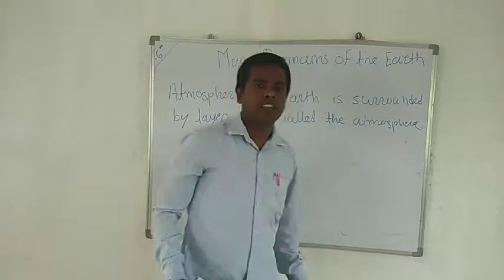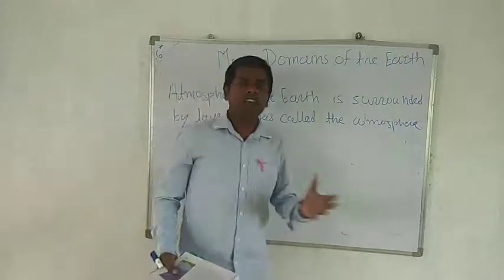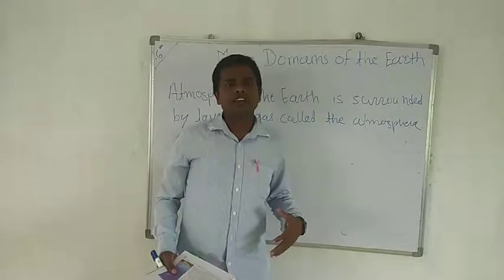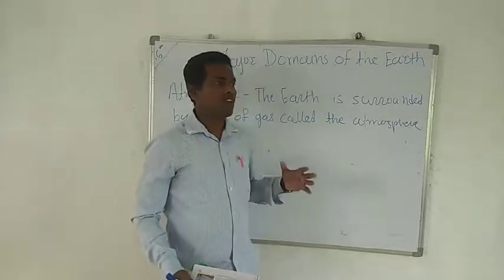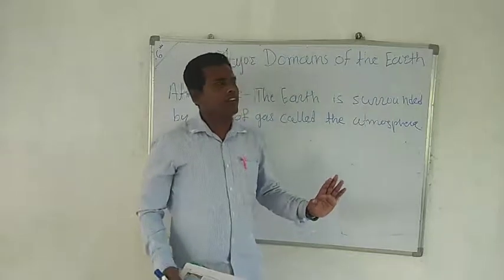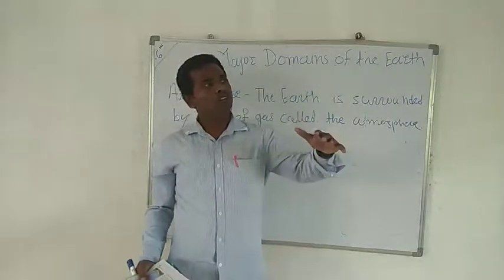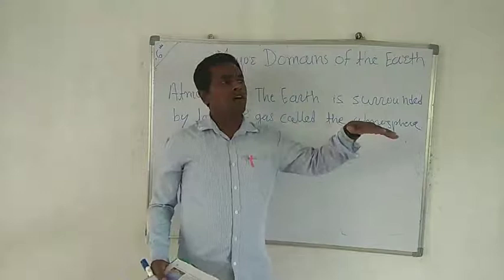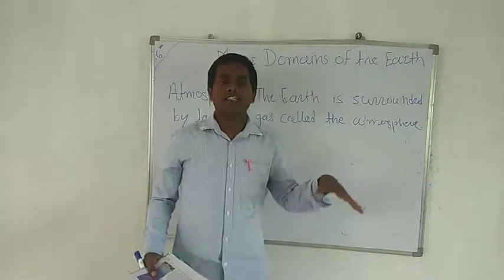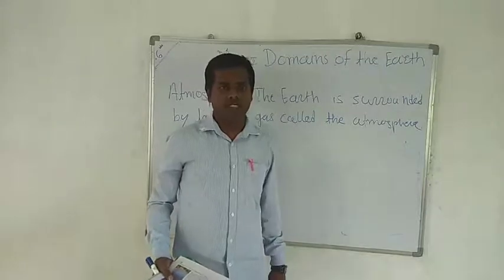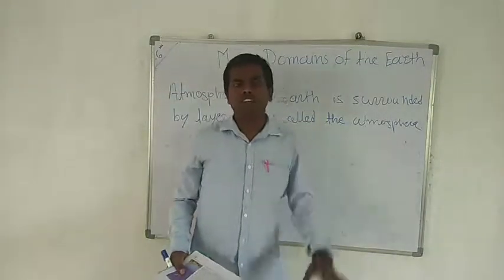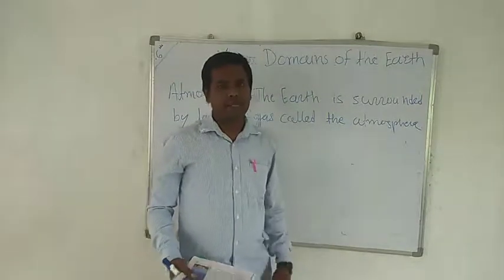We can feel air flowing around the earth, and the movement of the leaves of trees. Like this, we can take examples. This is the existence of air on the earth.